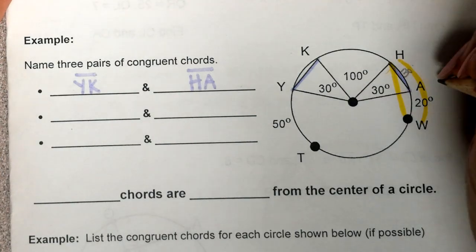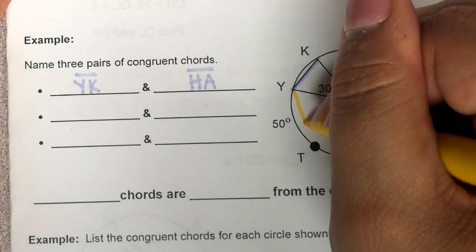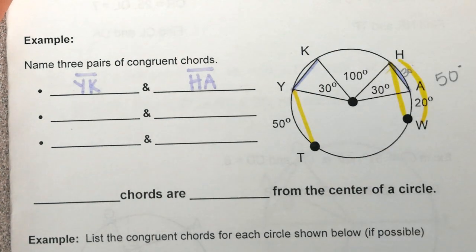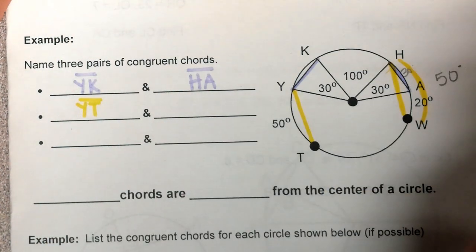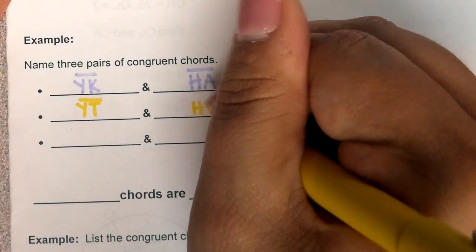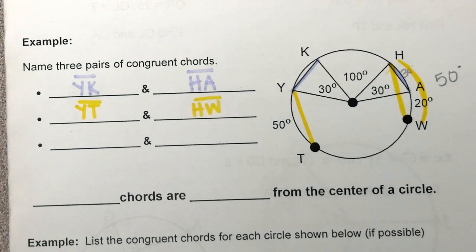So what's the whole thing going to be? 50. And what is YT or TY? 50. So YT and HW. Can y'all see that? Okay, cool. They're both 50.